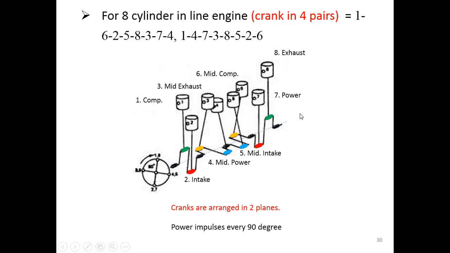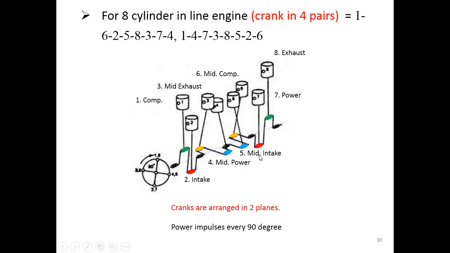The first cylinder is in compression. The second cylinder is in the intake. The third is not completely in the exhaust stroke, it's only in the middle of the exhaust stroke here. Number 4 is in the middle of the power stroke.